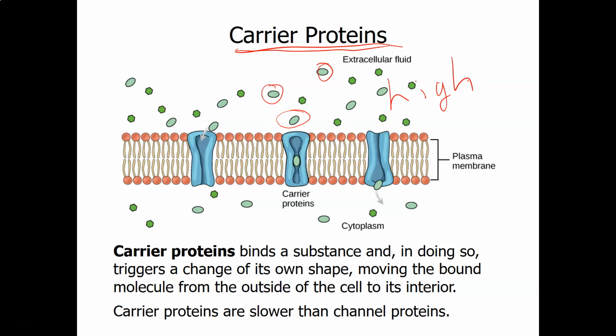So it's going to move into the cell, but it will bind with the carrier protein first. The carrier protein will change shape and open up and then allow that molecule to pass through and enter into the cell. So with the carrier protein, there is still no energy required if it's passive transport. It's just that the process is slower than with the channel protein.